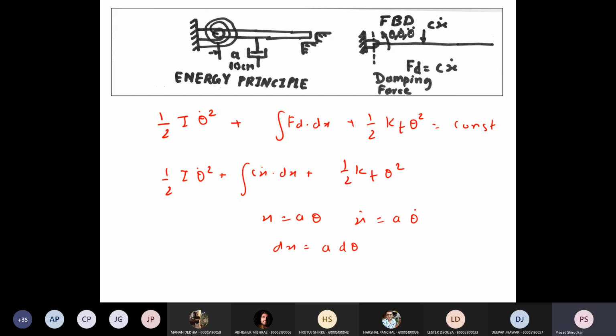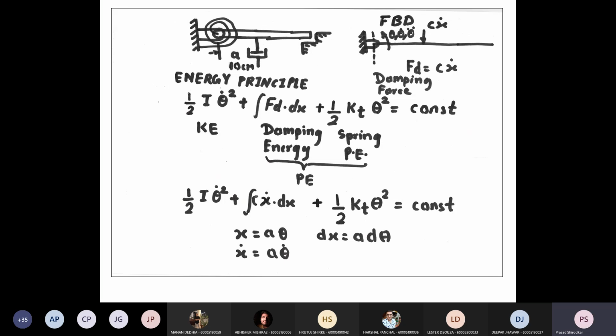All right, so here again I am going to write it in terms of theta. So my equation becomes half I theta dot square plus integral of C a theta dot into a d theta, plus half K T theta square is equal to a constant.